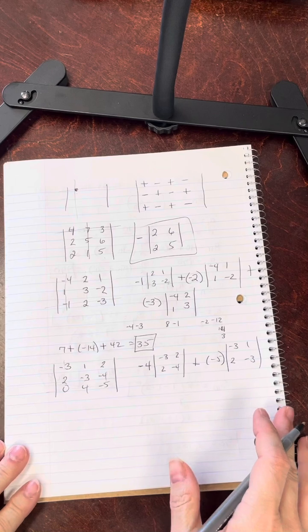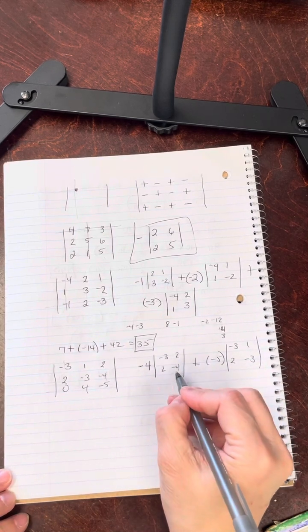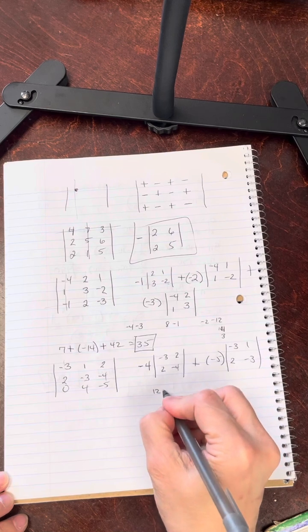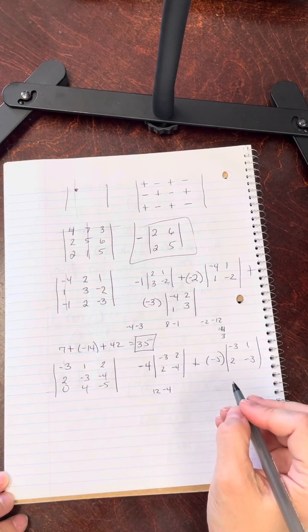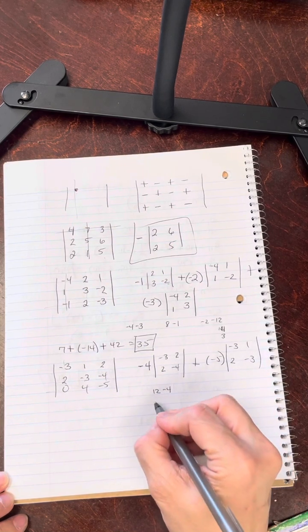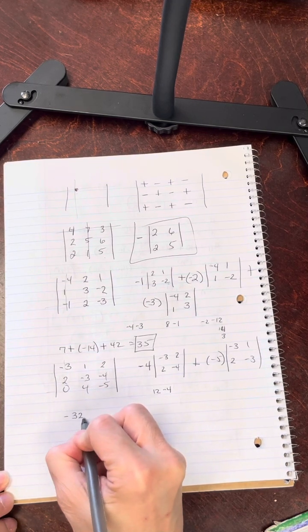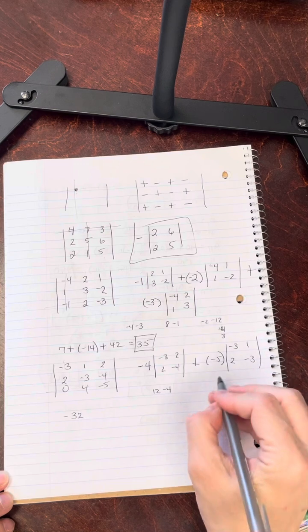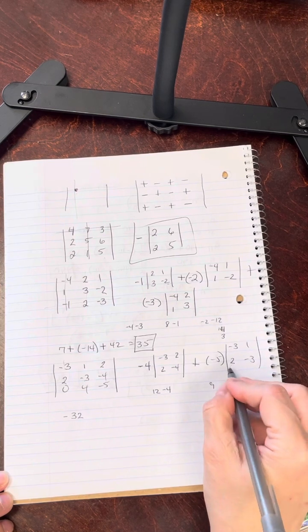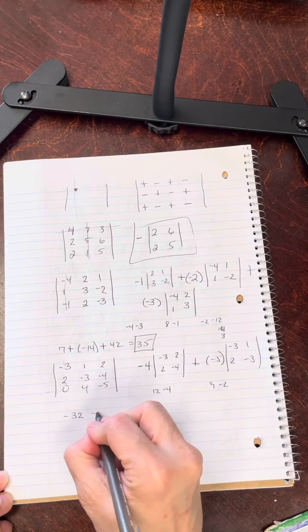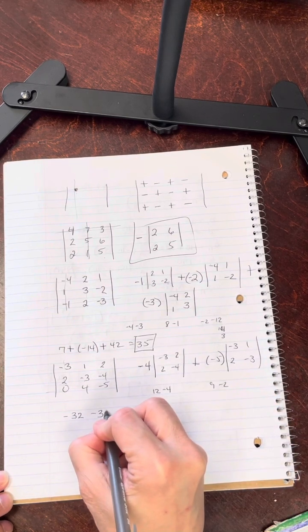All right, then negative 3 times negative 4 is 12. Keep it. 2 times 2 is 4, negative. So that would be 8 times negative 4. So our negative 32. Negative 3 times negative 3 is 9. Leave the sign. 2 times 1 is 2. Change the sign. 7. 7 times negative 5 is negative.